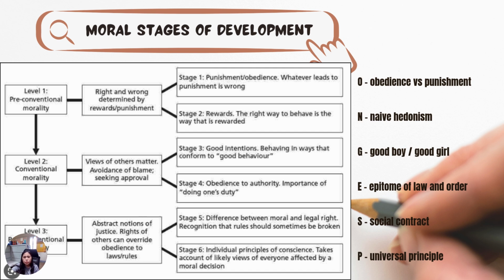In the level 2 conventional stages, there are two sub stages again. We have good boy, good girl, sub stage 3, in which morality is based on social approval, conformity, and maintaining order. For example, adolescents follow school policies because it is the right thing that everyone expects them to do.